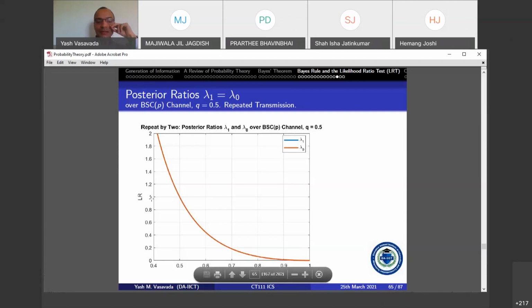For the two test case, see here, if I continue this red curve a little forward, it probably will touch 2.5. So when P is equal to 0.4, the value jumped from 1.5 to 2.5.